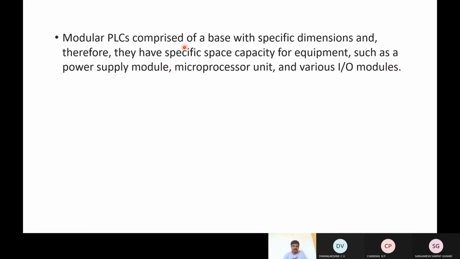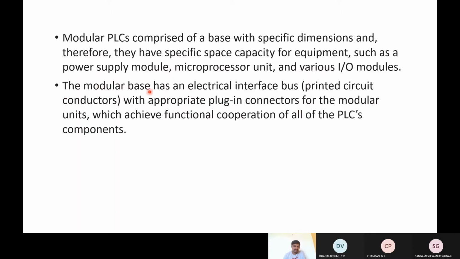A modular PLC is comprised of a base with specific dimensions, and therefore they have specific space capacity for equipment such as a power supply module, microprocessor unit, and various input-output modules. The modular base has an electrical interface bus with appropriate plug-in connectors for the modular units, which achieve functional cooperation of all of the PLC's components.